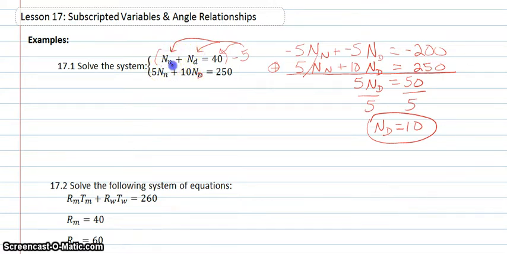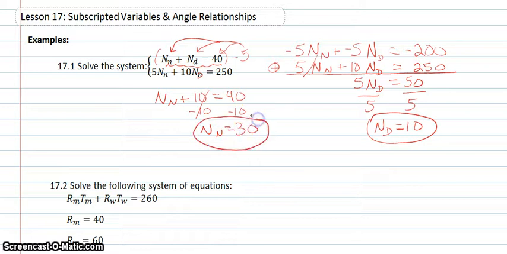I'm going to use the top equation. I just think it'll be a little easier. So n sub n plus 10 equals 40. Subtract the 10. So these will cancel, and then n sub n will equal 30. So we have solved the system of equations.